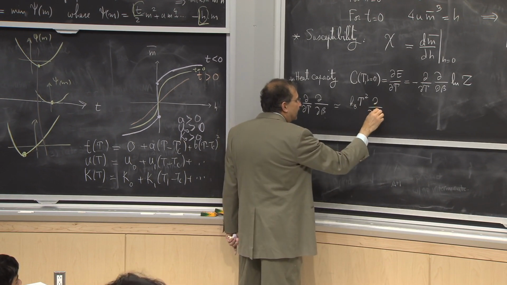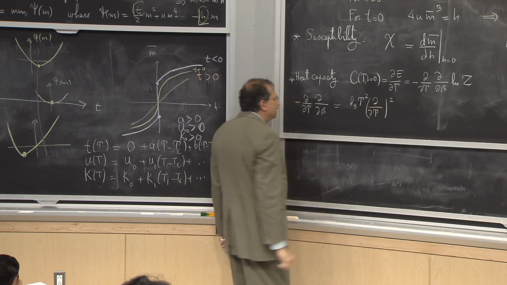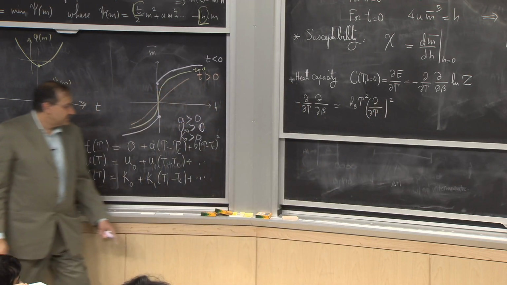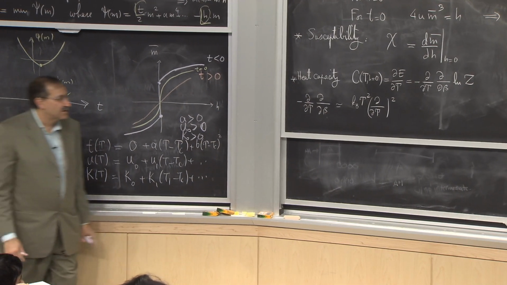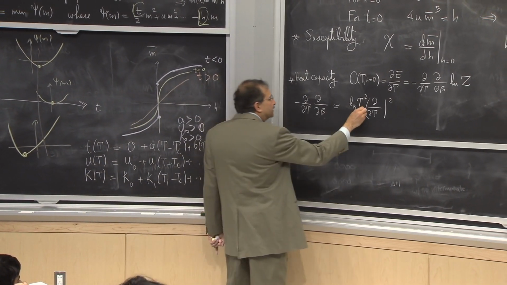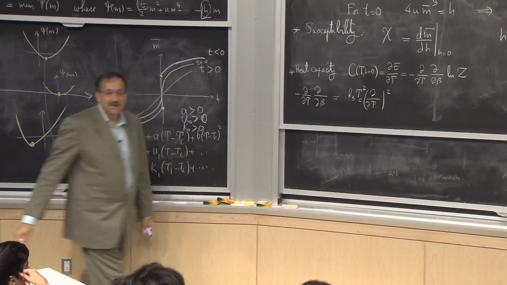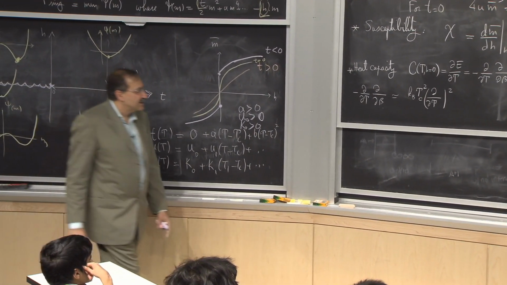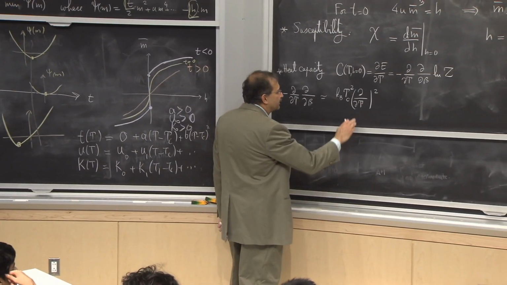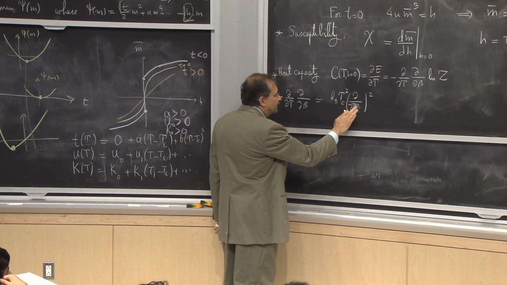And then I have another d by dt. I have to evaluate all of these things eventually in the vicinity of the critical point. Everything else is going to be a correction.